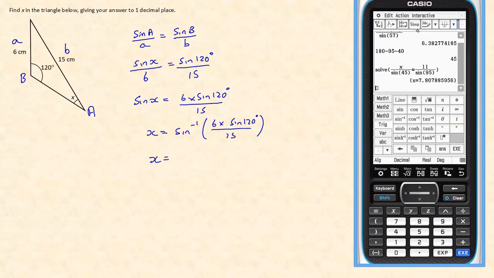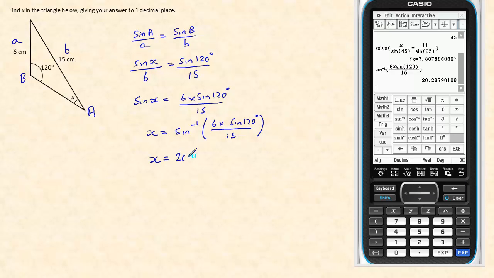So we want the inverse sine of 6 multiplied by sine 120, and we'll divide that by 15, like so, and that gives me 20.3 degrees.